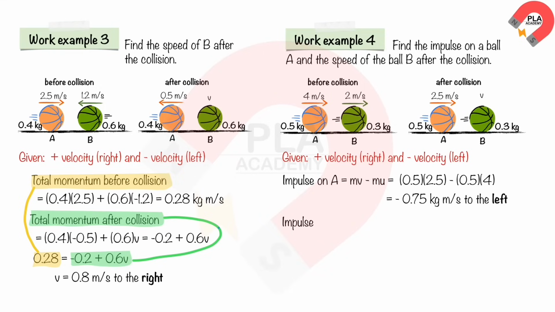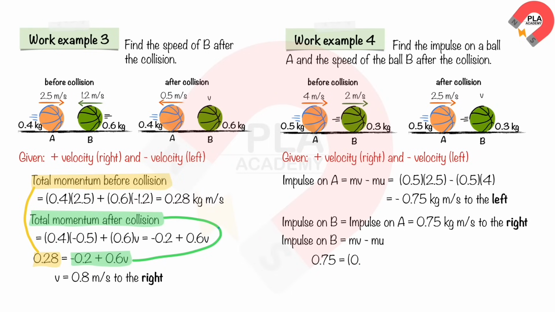The impulse on B is equal and opposite to the impulse on A, so it is 0.75 kilograms meters per second to the right. The impulse on B is equal to mv minus mu. Substitute the impulse on B equals 0.75, m equals 0.3 and u equals 2. So, v equals 4.5 meters per second to the right.